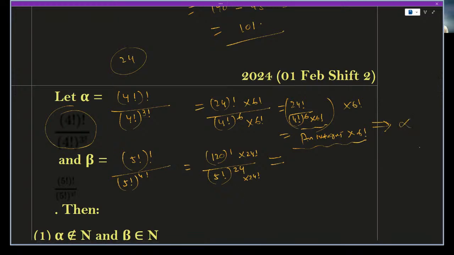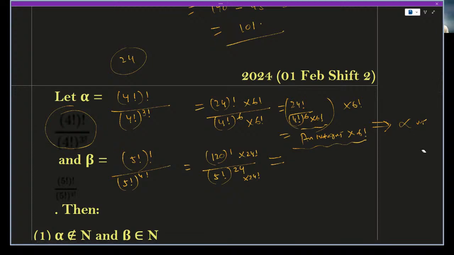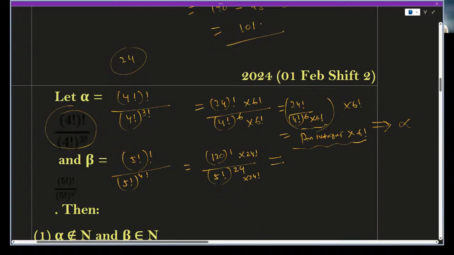So alpha is an integer, meaning a positive integer. Alpha is a natural number, or you write alpha belongs to N. Am I correct? Yes, sir. This one is what? Same way. So this part is what?